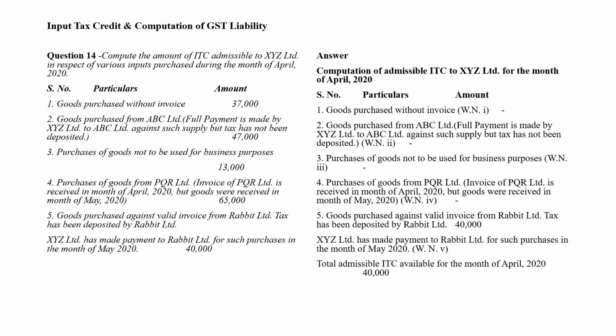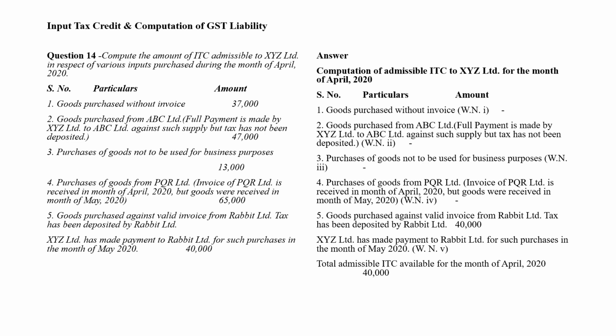Come to the last question. Question number 14. Compute the amount of ITC admissible to XYZ Limited in respect of various inputs purchased during the month of April 2020. So here the first item is goods purchased without invoice, 37,000.